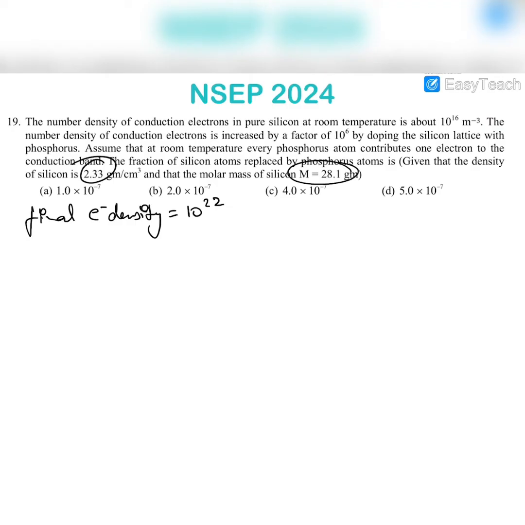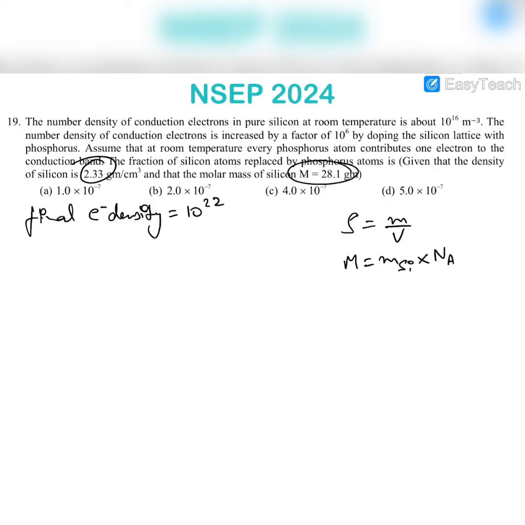So we know that density is equal to mass upon volume. Okay, and we can say that molecular mass is mass of a silicon atom multiplied by Avogadro number. This is the molecular mass.